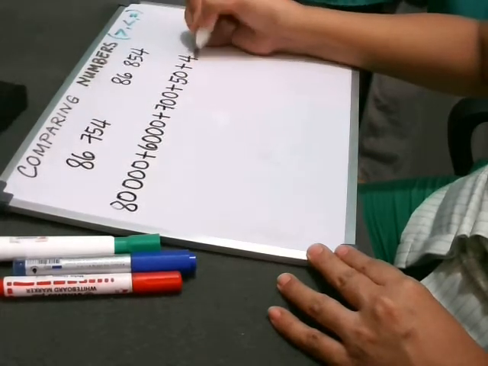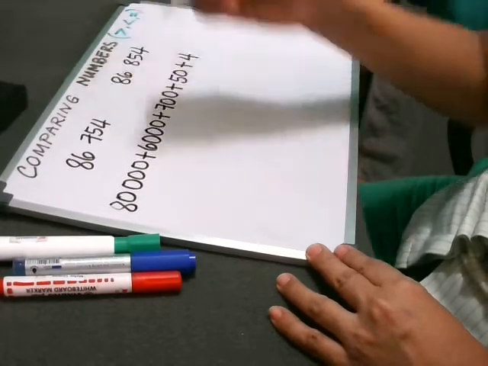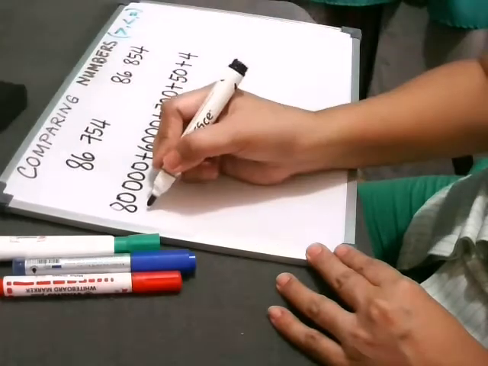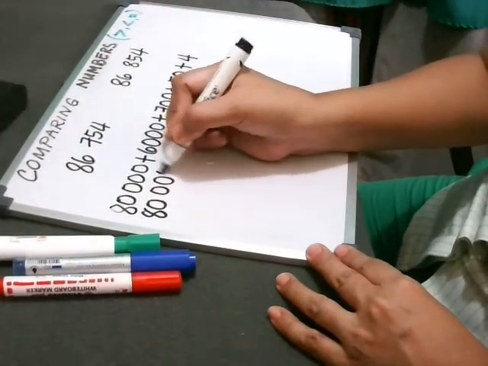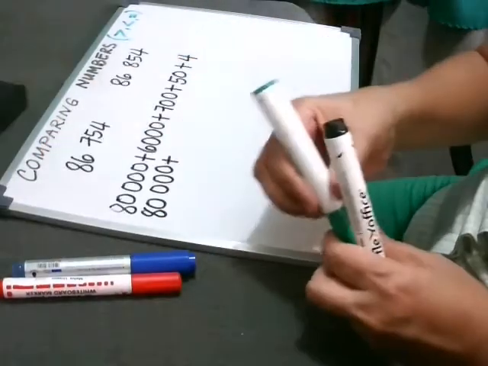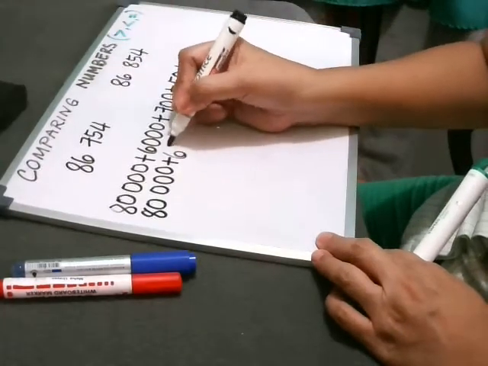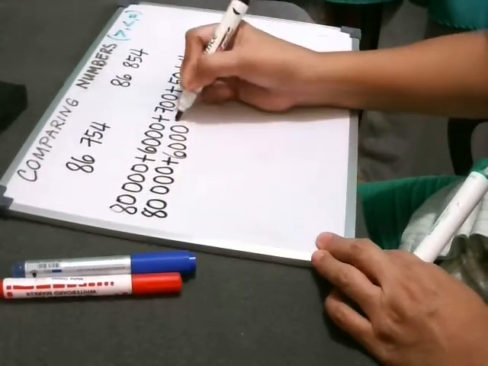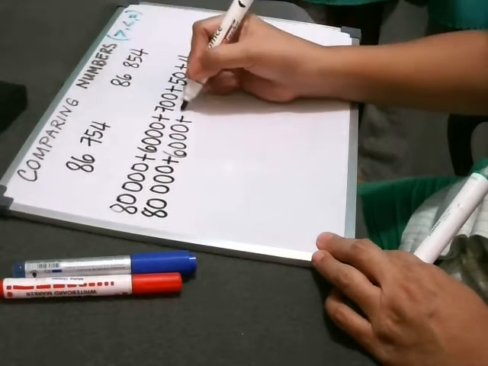so that is 4. And do the same thing with the second number, which is the 8 here, in the 10,000s place, so that is 80,000 plus. So you can see now that they are the same. Then plus the 6 here, we have 6,000, plus next number is 8 in the hundreds place.